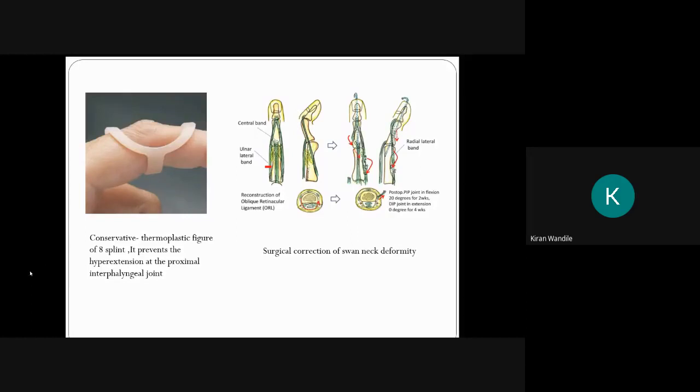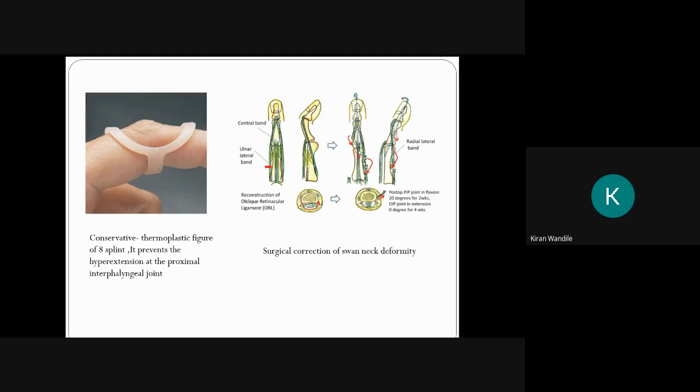And for the surgical correction, you do reconstruction of the oblique retinacular ligament. So you can remember, there is only one thing you can go for, reconstruction of the oblique retinacular ligament.